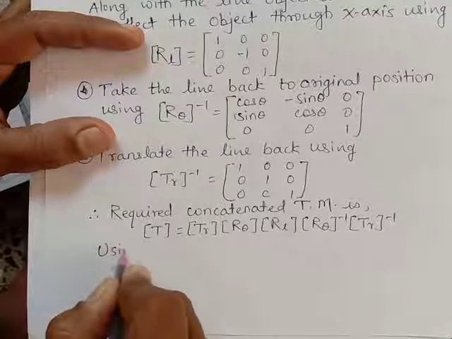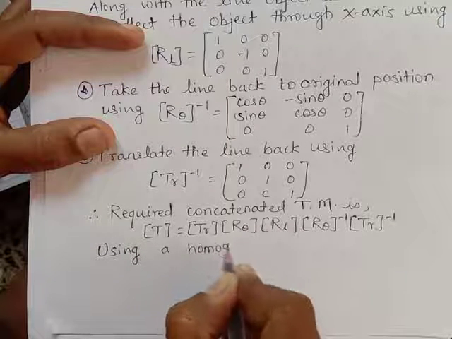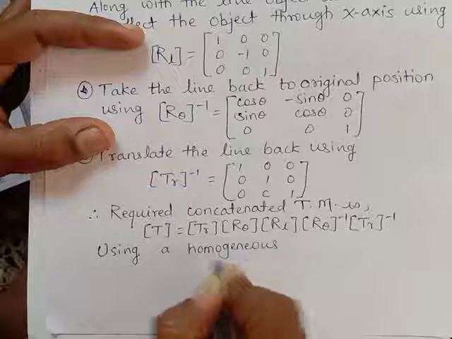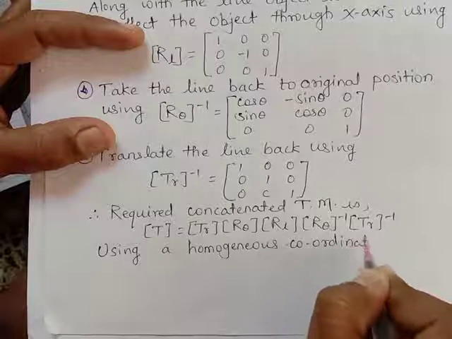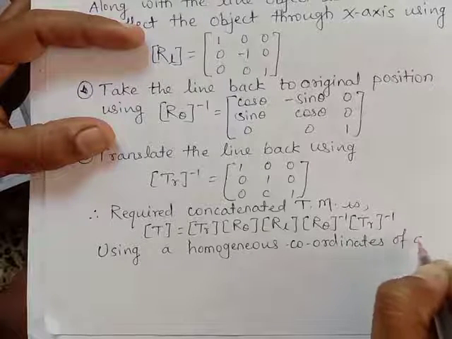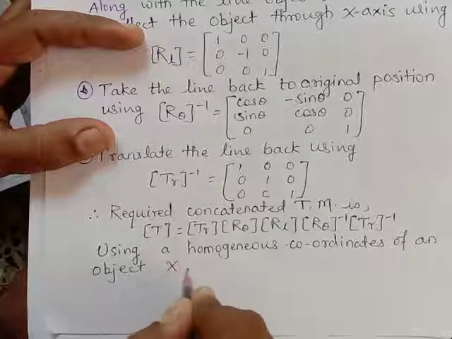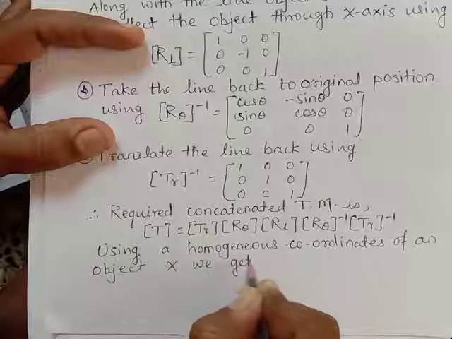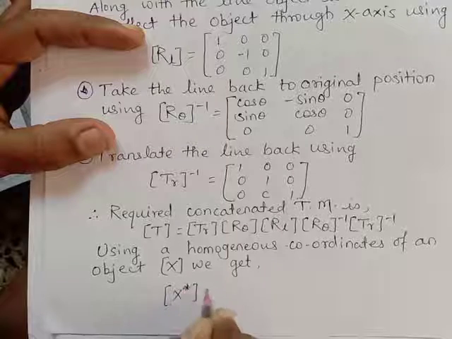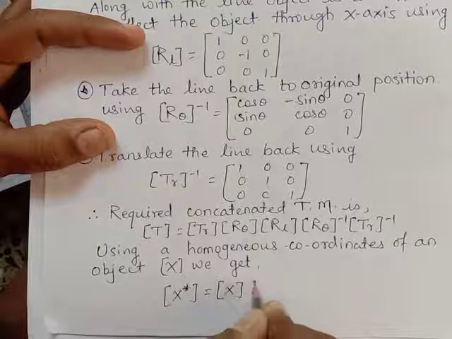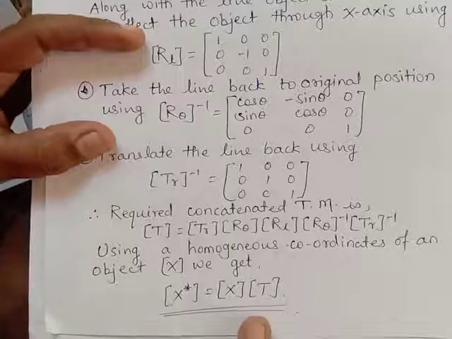Using homogeneous coordinates of an object X, we get X star equal to X into T. The transformed object will be obtained as such.